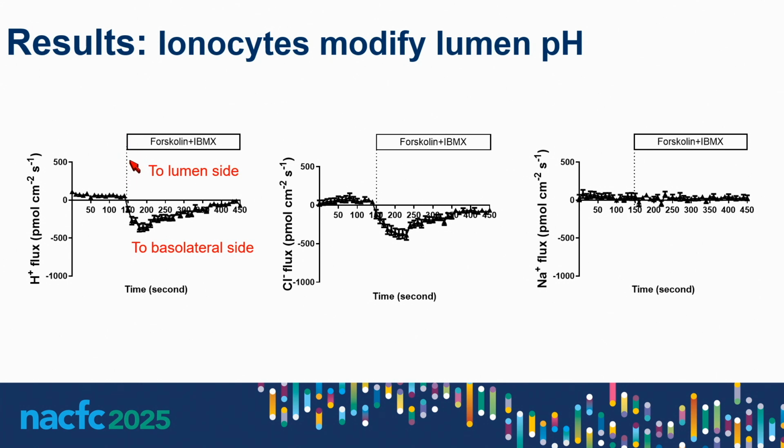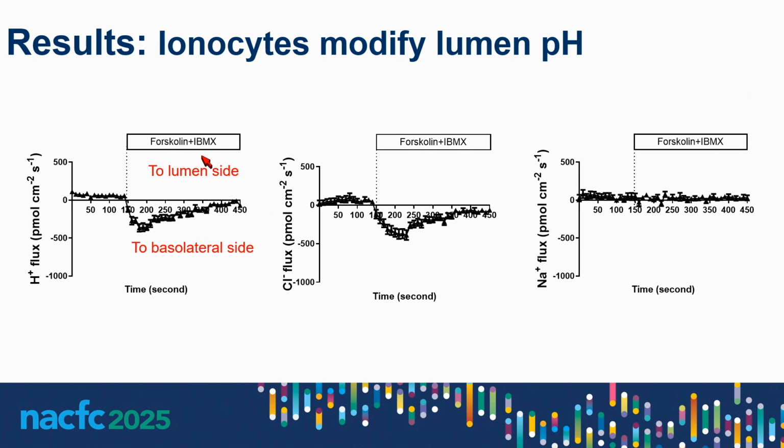We add forskolin and IBMX at 150 seconds. If we see a positive flux number, it means the ion is moving to the lumen. And if we see a negative number, it means the ion is moving to the basolateral side. So after forskolin and IBMX stimulation, the ionocyte shows an alkalization of the airway lumen.